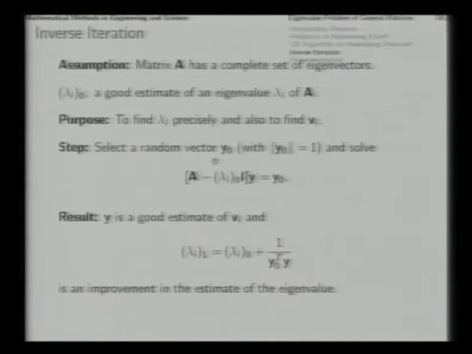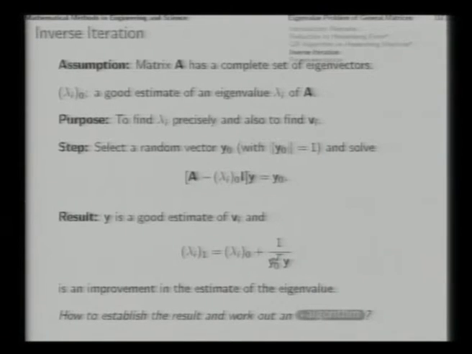And y is a good estimate of the corresponding eigenvector, and through a little further processing you can see that the difference of the correct value and the estimate will be given by this. So, the expression here gives you an improvement in the estimate of the eigenvalue, and then that estimate you can utilize here and continue this inverse iteration.